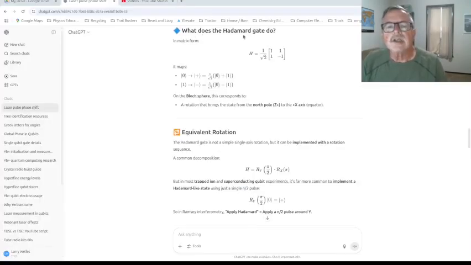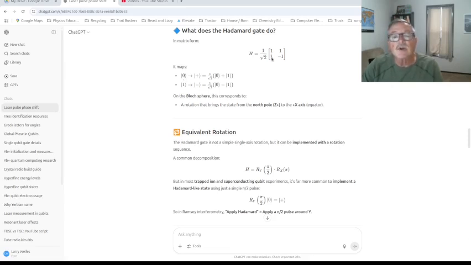What does the Hadamard gate do? The Hadamard gate can be represented in matrix form. Okay, let's look at that. Does that make any sense? Right now, that's probably not too easy to understand. Here's another way to look at it: the 0 or 1-0 gate accomplishes this.